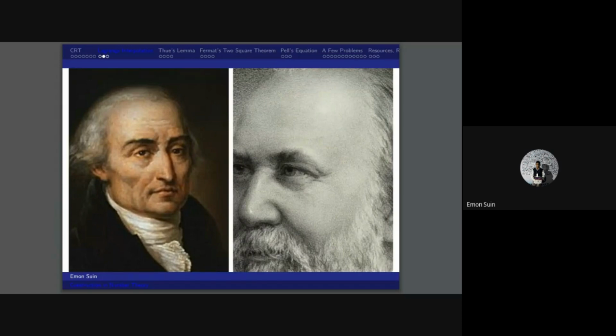Till then, the Lagrange interpolation was not discovered. Euler, in one of his research papers, had found out an easy consequence of this, from which Joseph Louis Lagrange got motivated, and he found out this Lagrange interpolation. The picture on the right is that of Edward Waring, who had actually started this off, and on the left you can see Lagrange.